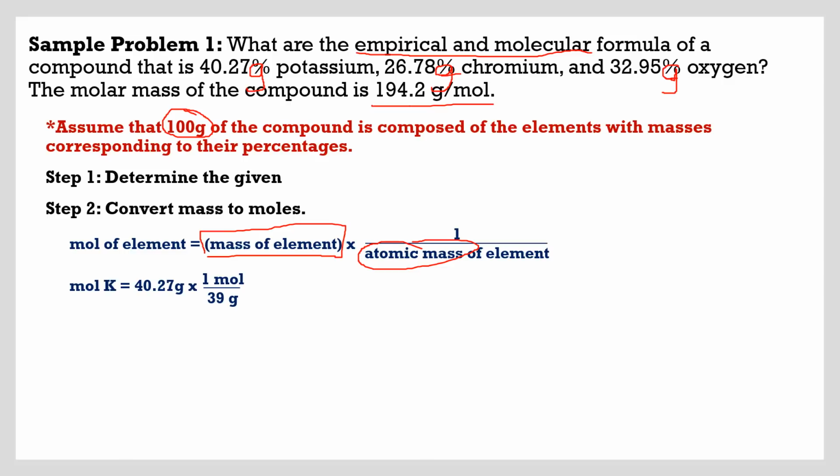So for potassium, the mass of the element is 40.27 grams, that's from the given, times 1 mole divided by 39. That's the atomic mass. So that will give you 40.27 grams times 1 over 39, that would be equal to 1.03.